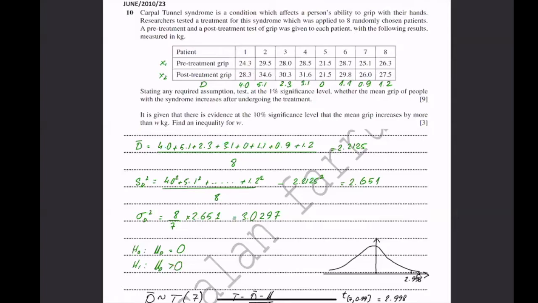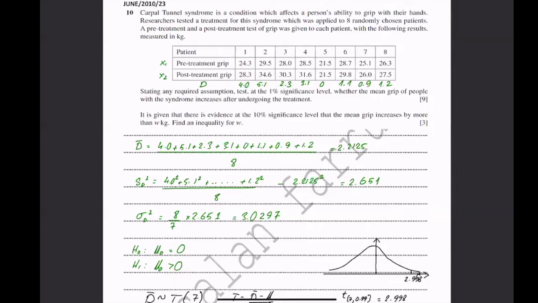It really doesn't matter much if I do x1 minus x2 or x2 minus x1, but I have to write my alternate hypothesis accordingly. If I'm looking for it to increase, that's why I did this minus this, and took the alternate hypothesis as greater than 0. I took out the differences, calculated the mean, then the variances of the differences, and then the unbiased estimate of the population variance.